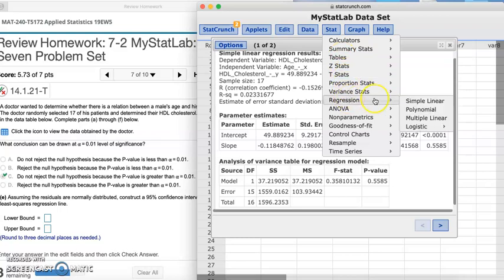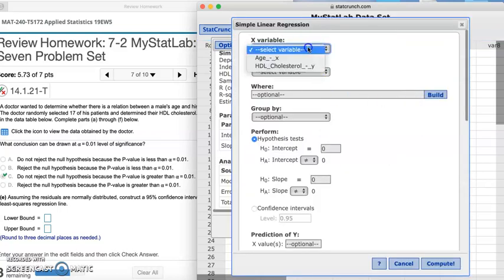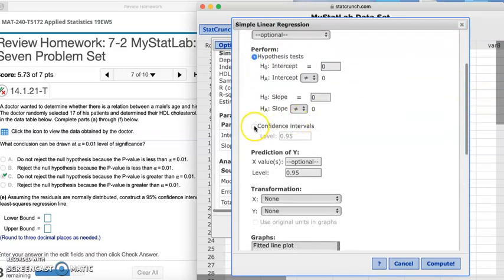So we're going to go down to regression, simple linear again. We're going to select our X and our Y variables, and we're going to scroll down to check confidence intervals. Remember last time we just looked at hypothesis test being the default. So we're going to click here. We're doing a 95% confidence interval, which is already input, so we don't have to change anything. Click compute.